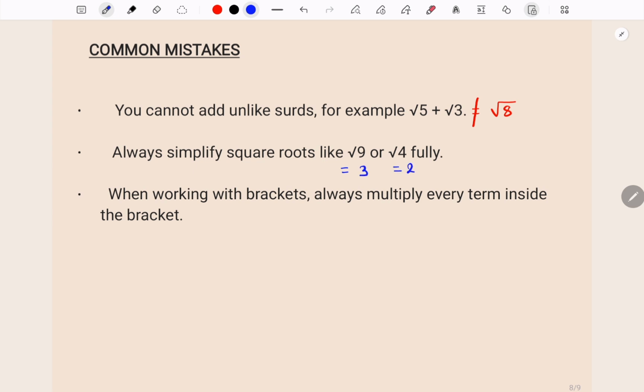So do not leave your answers in surds, especially if the number inside the surd is a perfect square. Last but not the least, when working with brackets, always multiply every term inside the bracket, keeping their signs as given in the question.